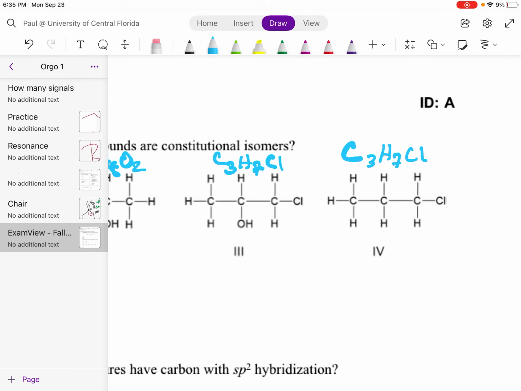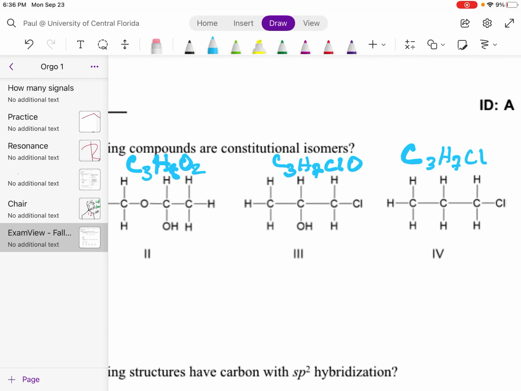Wait, what did I miss? Let's see. Molecule 3, I see 1, 2, 3, 4, 5, 6, 7. It has a chlorine and an oxygen. Goodness. Totally missed that oxygen. And then molecule 4, there's no oxygen. There's 1, 2, 3, 4, 5, 6, 7, 1 chlorine.